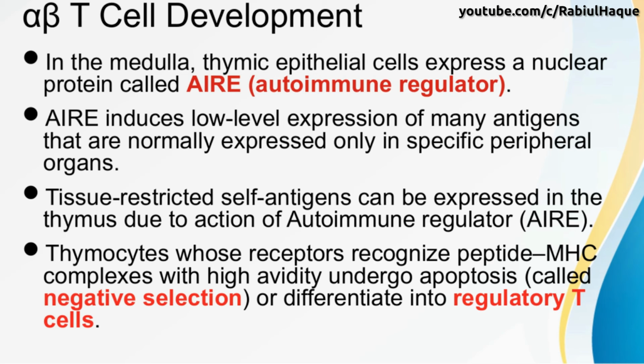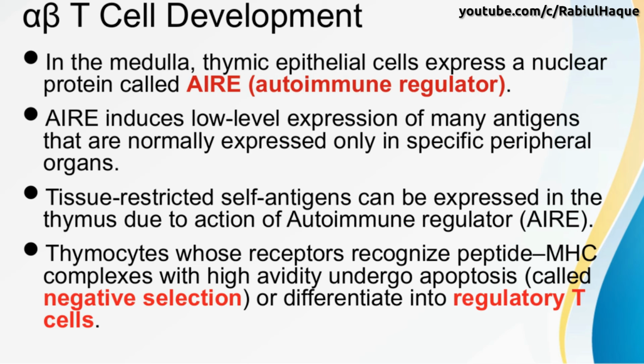Tissue-restricted self-antigens can be expressed in the thymus due to their action. Thymocytes, whose receptors can recognize peptide MHC complexes with high avidity, will undergo apoptosis. This is negative selection, or they may differentiate into regulatory T cells.